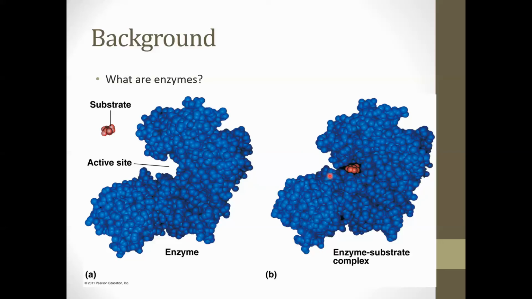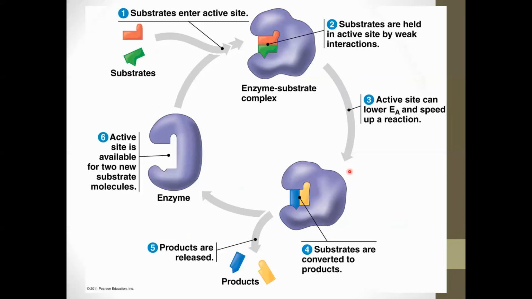Now what is happening is that substrate is having its bonds weakened, or perhaps two substrates are being brought together so that the activation energy required for a reaction is now lowered. So this takes place in a cyclic fashion.